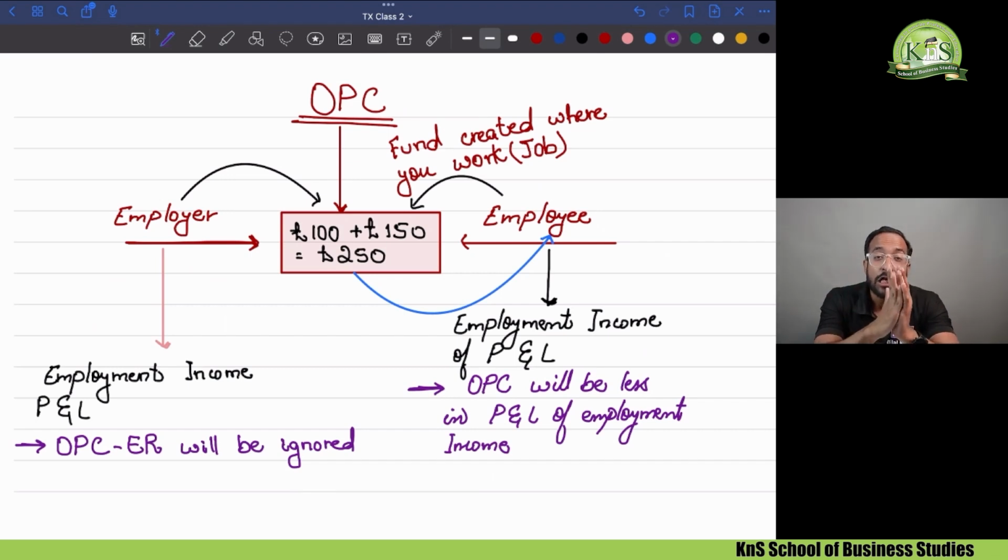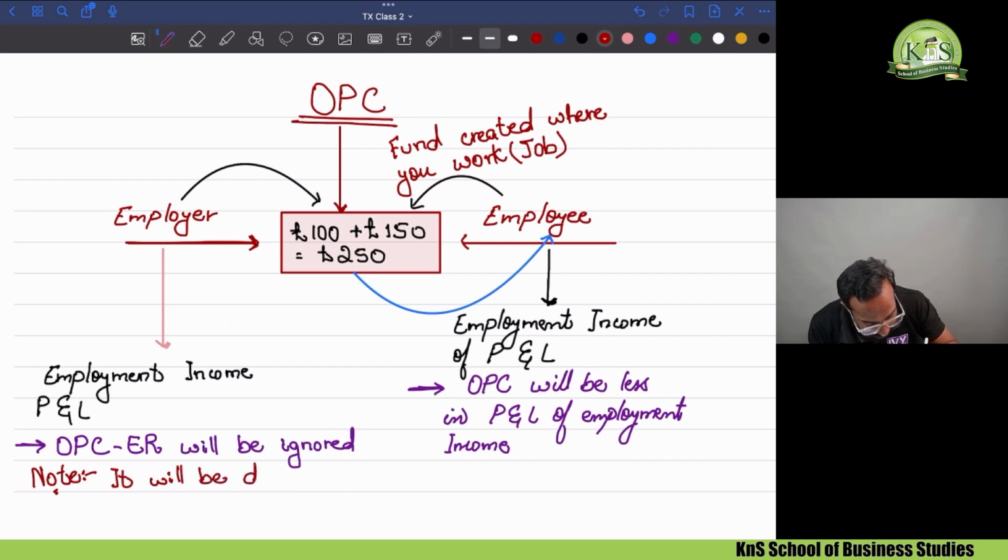income P&L. Sir, what will be the treatment of employer occupational pension contribution? Note, it will be deducted. Yes, it will be deducted, but not from the employment income P&L.